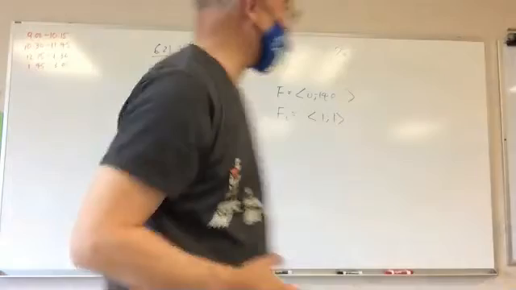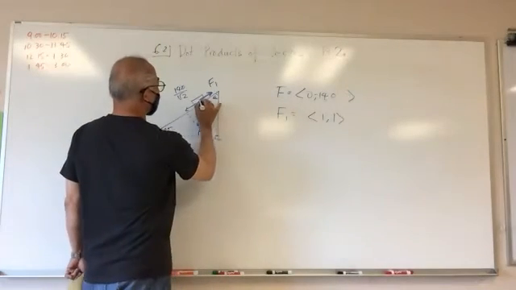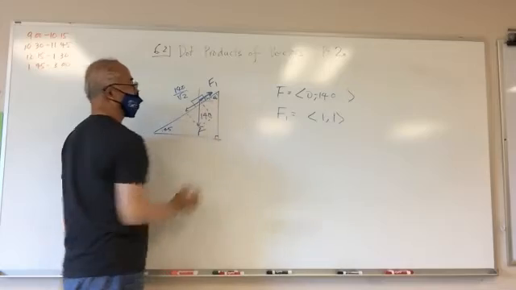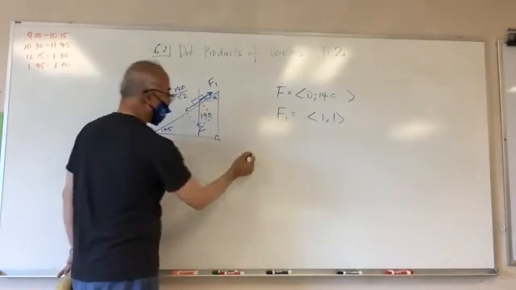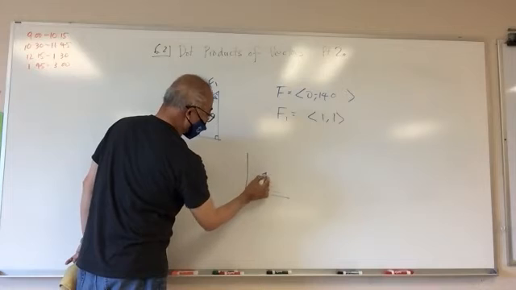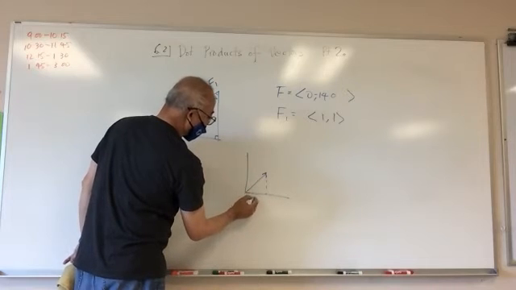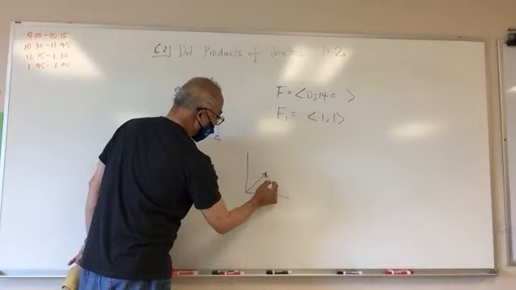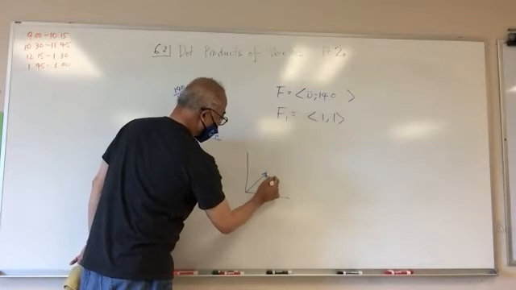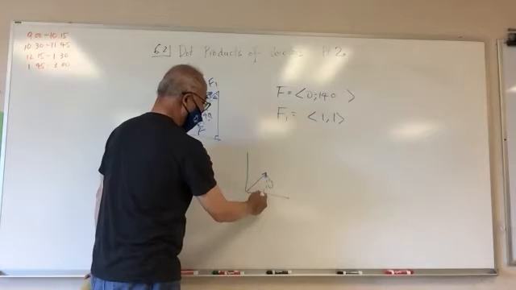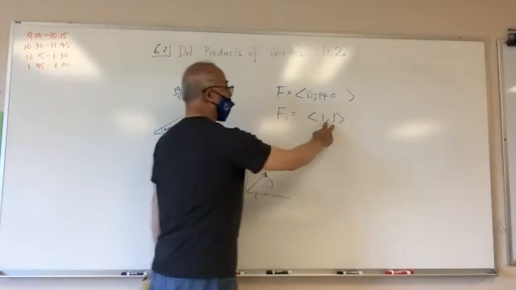Yeah, so it's because this guy here, if you look at this guy here, this guy is 45, correct? So if I blow that up, it's going to be 45 degrees here, right? So I'm going to have i plus, this is j, correct? In the standard vector form, or 1 and 1, right?